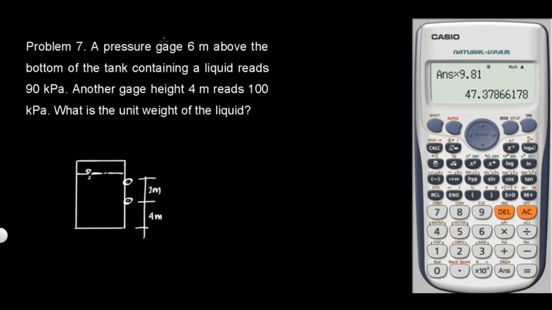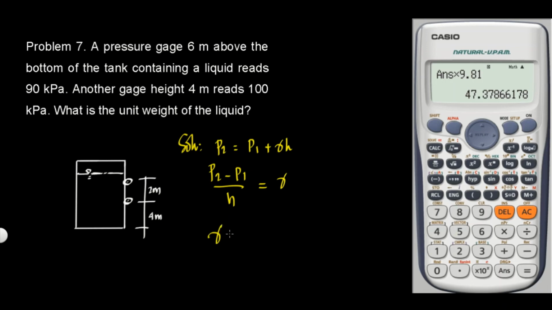Solution: P2 equals P1 plus gamma H. To determine the unit weight, we have P2 minus P1 over H, but H is the difference in elevation between the two gauges. So gamma is P2 minus P1 over H. This is the unit weight.